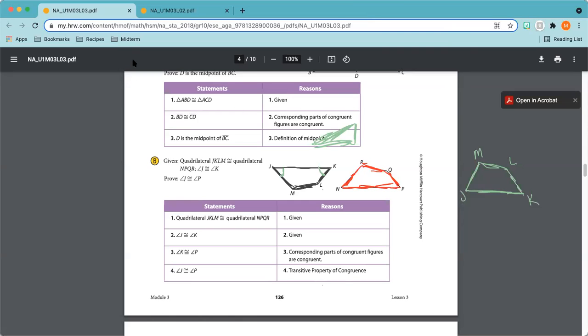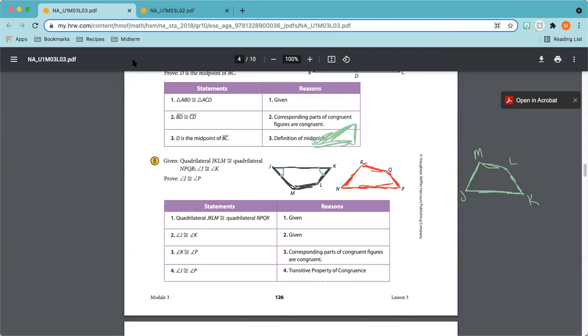All right. So now, again, we start with the given. What, Kaylee? How come you flipped JKLM and not RQPN? Could I have flipped the other one? Yeah, it doesn't matter.